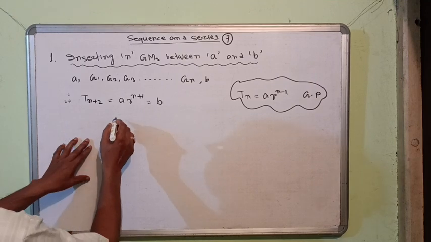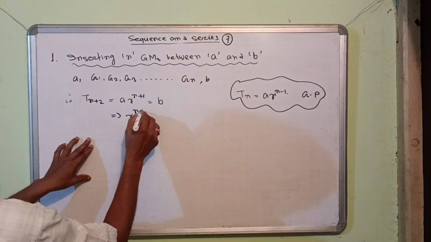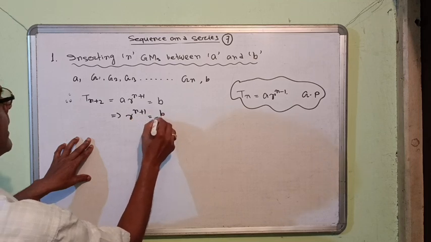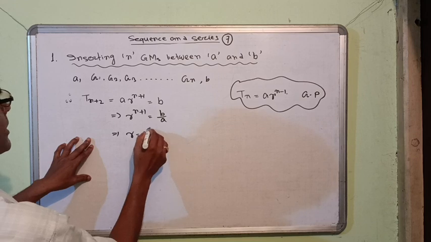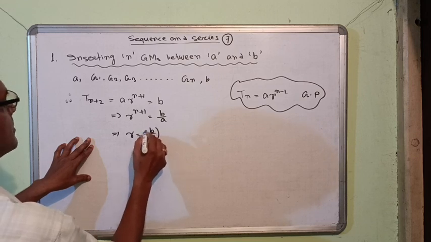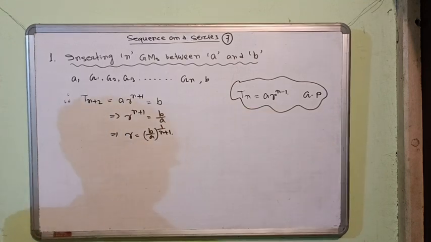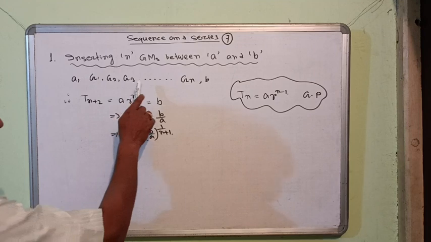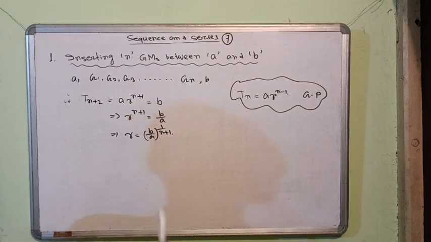So R to the power n plus 1 is equal to B by A. Therefore R is equal to (B by A) whole to the power 1 by n plus 1. That is the common ratio of this series.